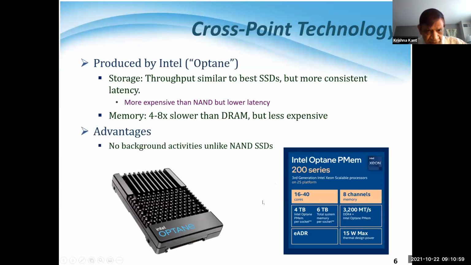Okay, a few tidbits about the cross-point technology. It comes in both storage and memory format. The key difference between storage and memory is that these are two completely different usage models. A storage model typically means that when you make a storage request, the thread that's making the request gets switched out, and then you get the response back, for example, for a read, and then the thread gets switched back in.